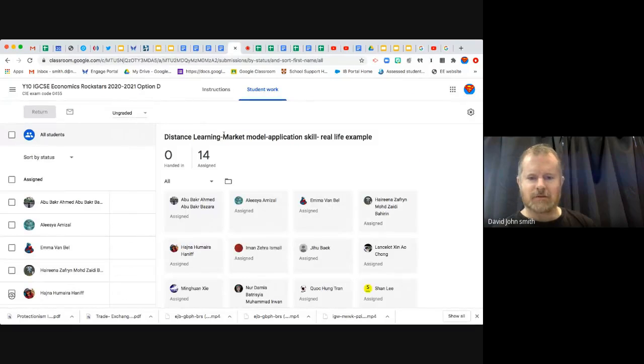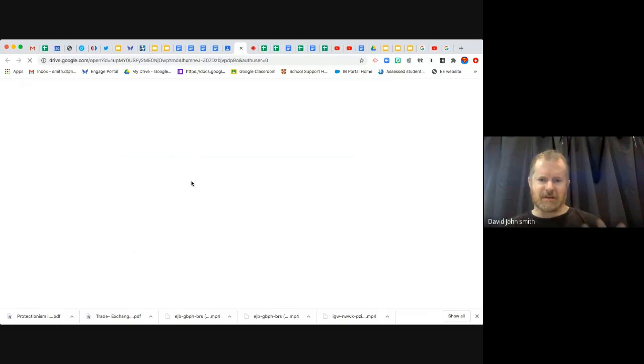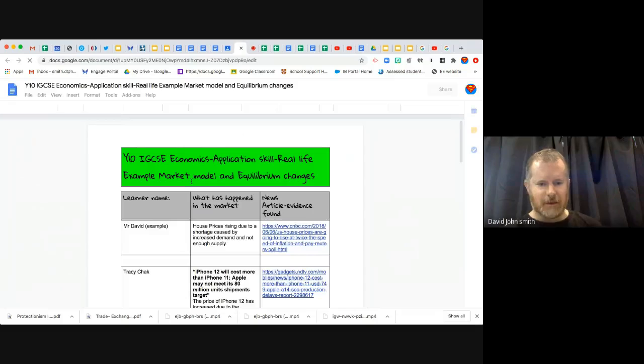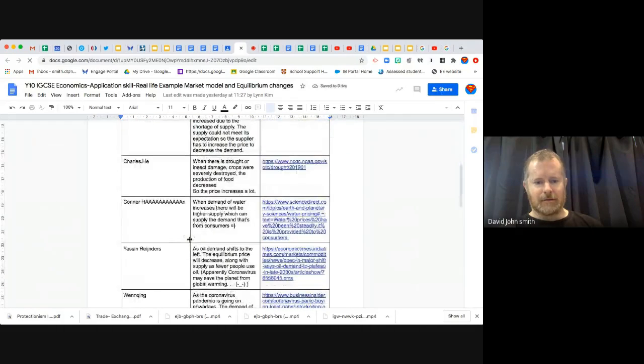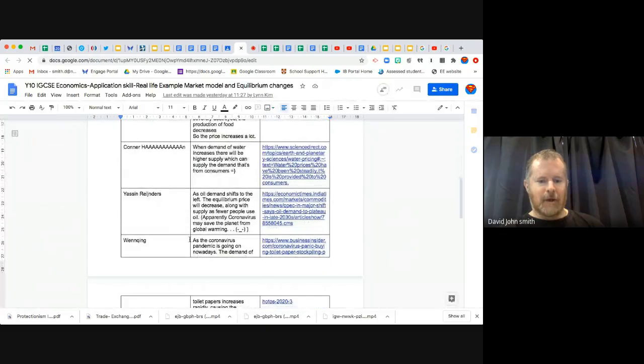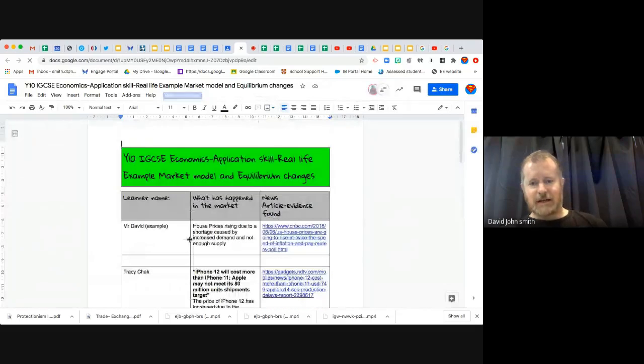This one is entitled Market Model Application Skill Real Life Example, and it's a Google Doc. You will notice already that there are examples in there from the other year 10s. That's absolutely fine. The idea is you put your name in, and you do the research, looking online for a real life example of a market and what has happened in that market that has potentially caused the equilibrium price and quantity to change.